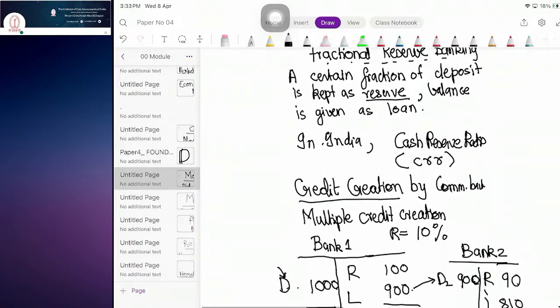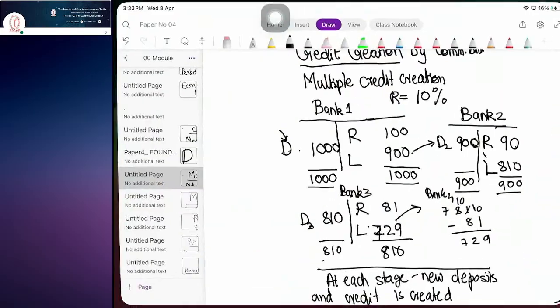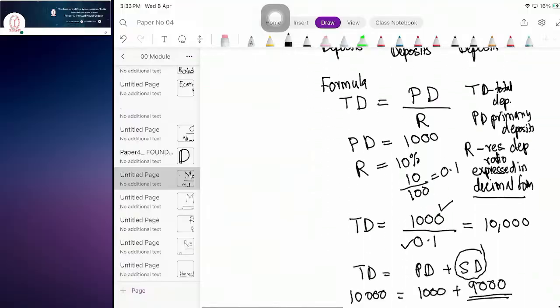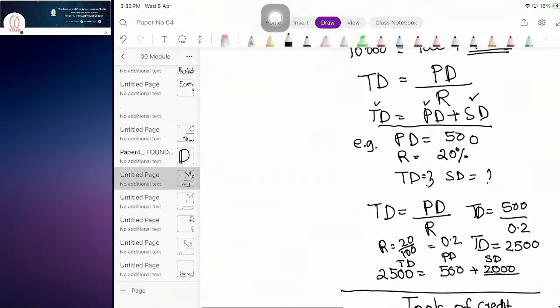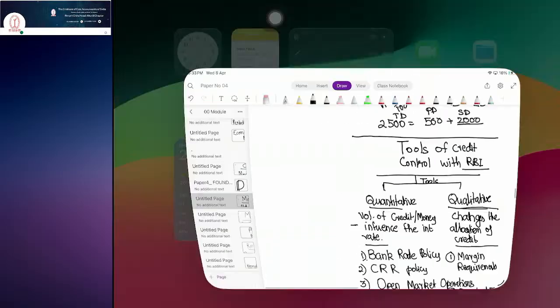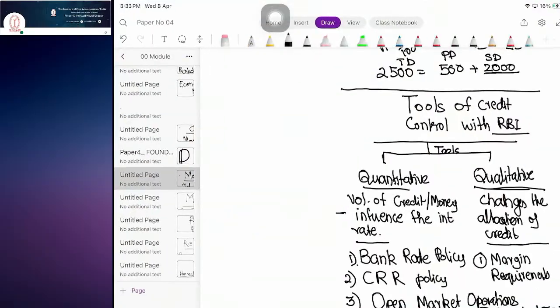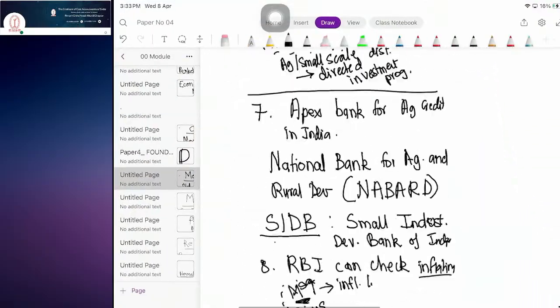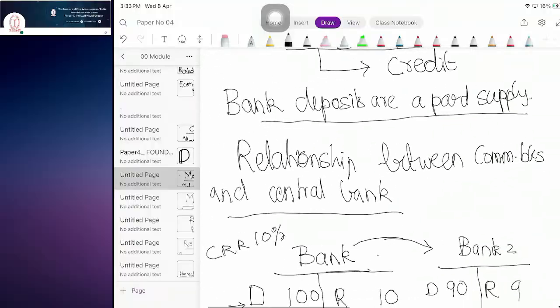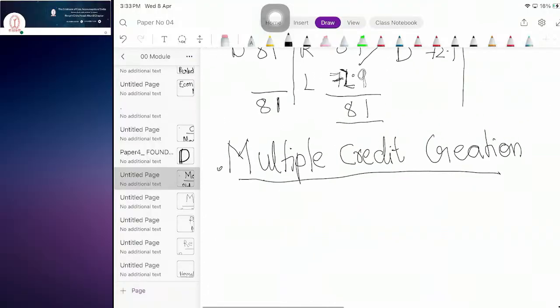Okay, let's go. We were discussing what is cash reserve ratio, so let us get back to our discussion on monetary policy. This is something I did in the last lecture; I'm just revising.